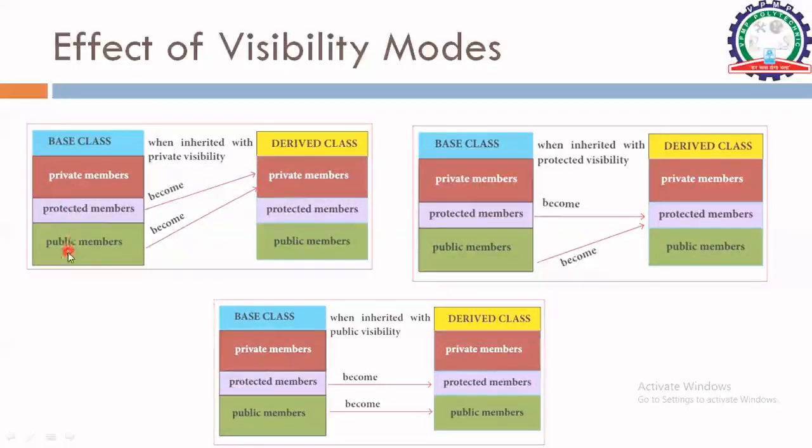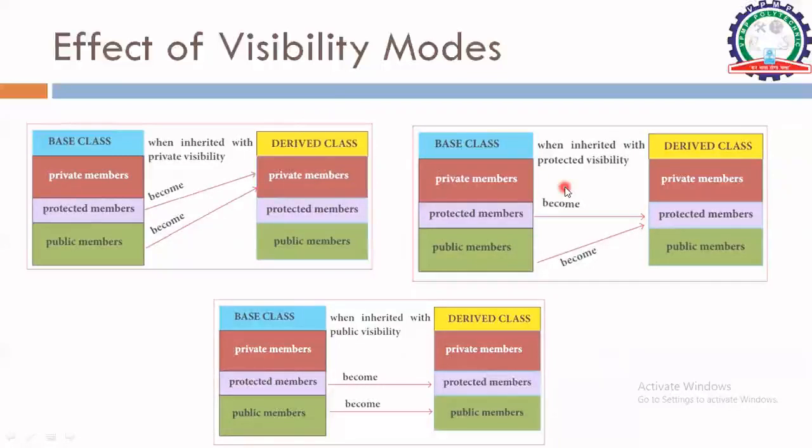Only the protected and public members can be derived. Now here we are deriving the new class privately from the base class. So protected members will become private members as well as public members will become private members in the derived class. So this is how we get the members of the protected and public sections of the base class into the private section of the derived class.